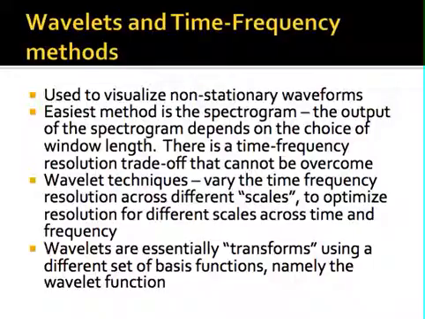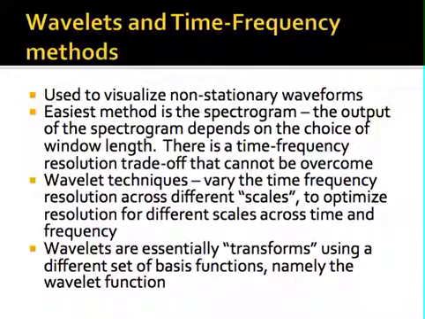So you basically change the window length according to what scale or what frequency you're looking at. So what is a wavelet? A wavelet is a function, and we essentially use the wavelet function as our basis function for a transform.